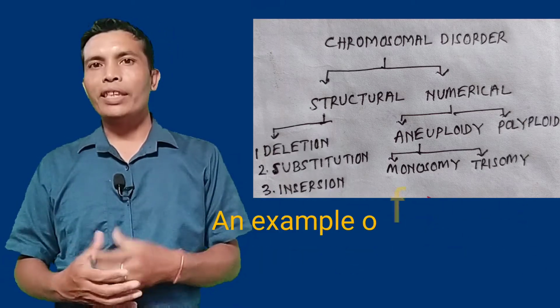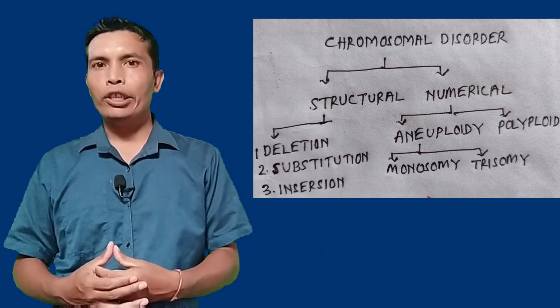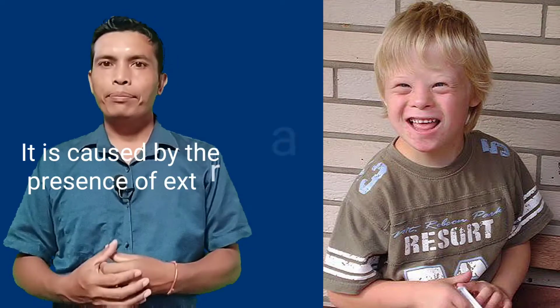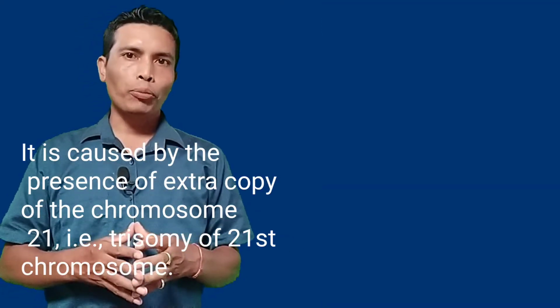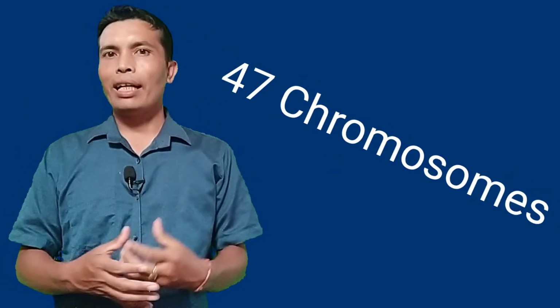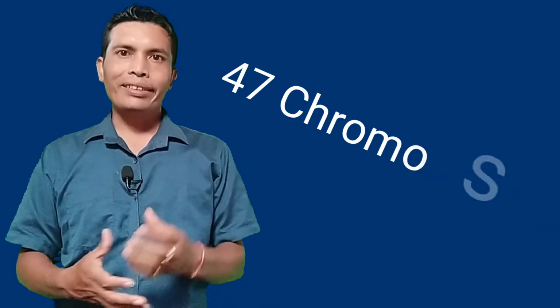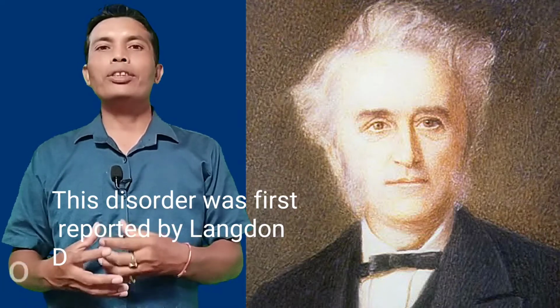One example of trisomy is Down syndrome or Mongolian idiocy or Mongolism. It is caused by the presence of an extra copy of chromosome 21, that is trisomy of the 21st chromosome. Due to this, the individual will have 47 chromosomes instead of 46. This disorder was first reported by Langdon Down in 1866.